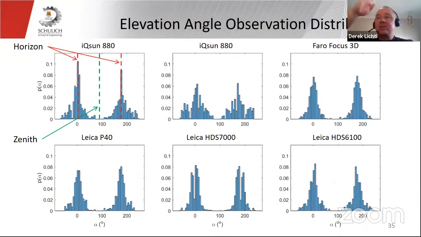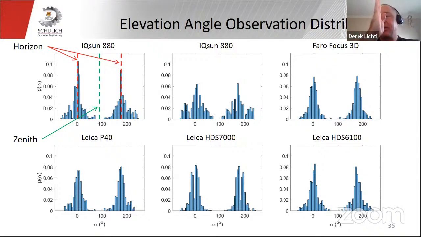When we look at the elevation angle observations, the story is quite different, though. Well, let's take some time to interpret this. What we see is elevation angle observations clustered at the horizon, so at 0, as well as behind the instrument at 180 degrees.